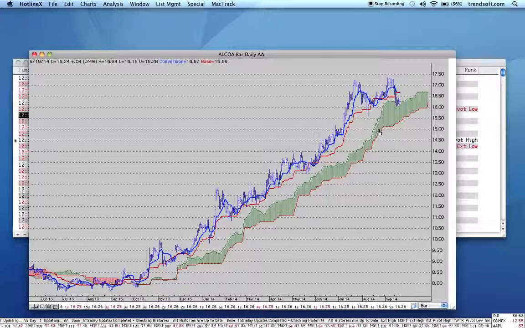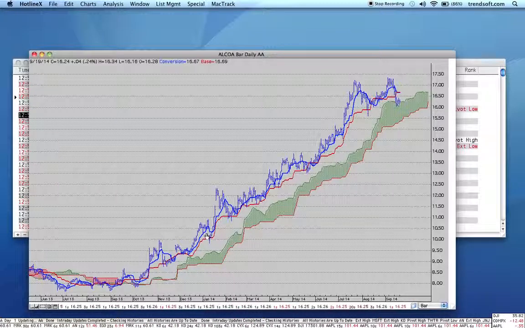The red line goes back to the same formula of looking for the highest high and the lowest low, but over a period of 52 periods, and it once again is projected 26 periods into the future. So this is the Senkou Span A and the Senkou Span B line. Senkou in Japanese, I'm told, is synonymous with future.